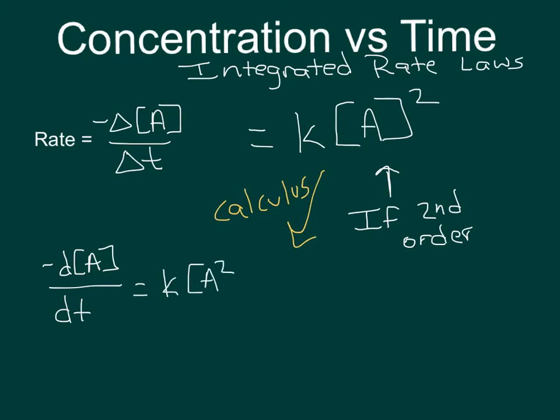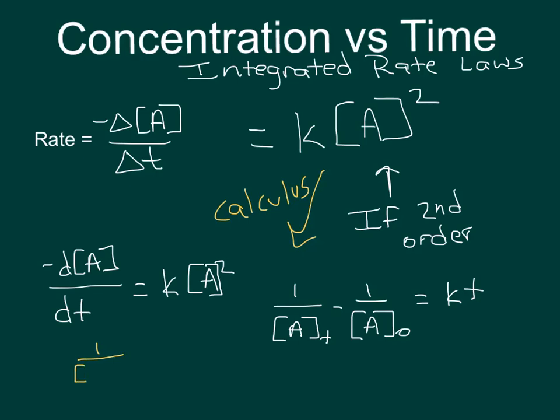The calculus then is that we integrate this equation from time 0 to time t, and we get 1 over the concentration of A at time t minus 1 over the concentration of A at time 0 is equal to the rate constant k times t. This is the integrated rate law for a second order equation.